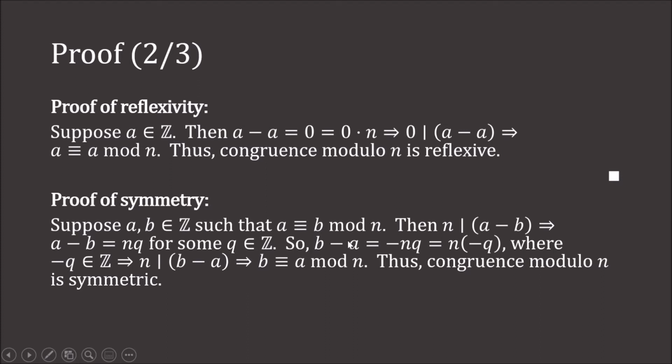So b minus a would be negative nq, which is n times negative q. And of course, negative q is the product of two integers, so negative q itself is an integer. So by definition, this means that n divides b minus a, and by definition, this means that b is congruent to a mod n, and so the congruence modulo n is symmetric.